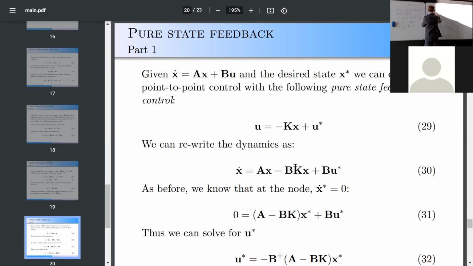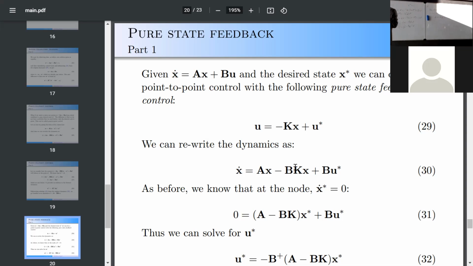I substitute this into here, and what I get is x dot equals ax minus bkx plus bu star. That's equation number 30.